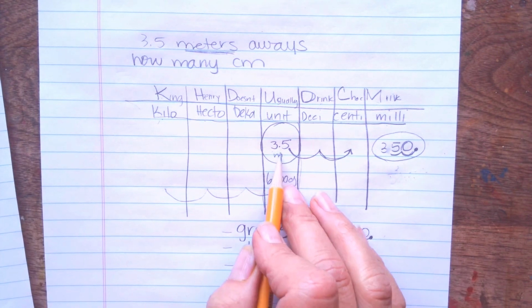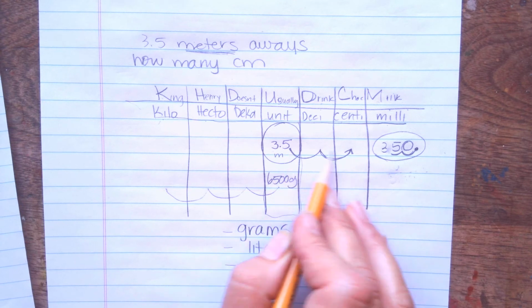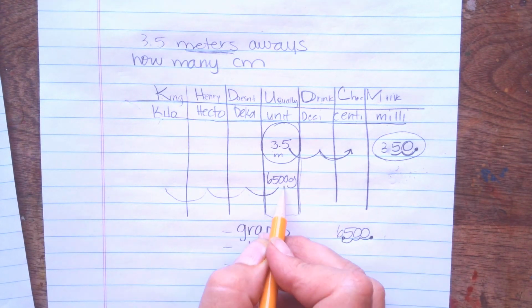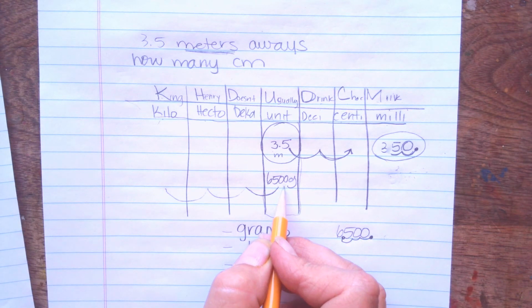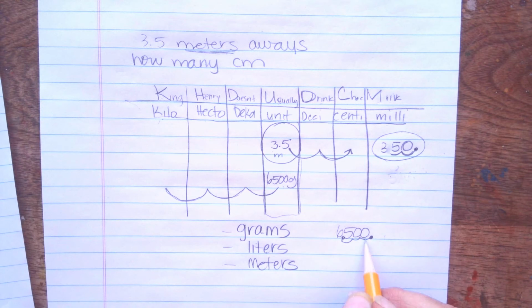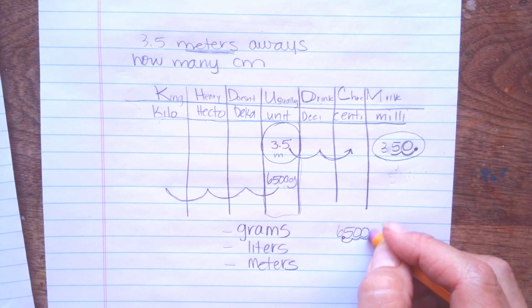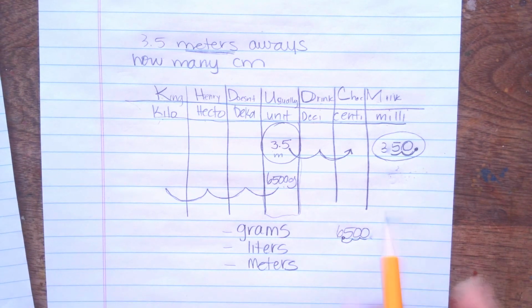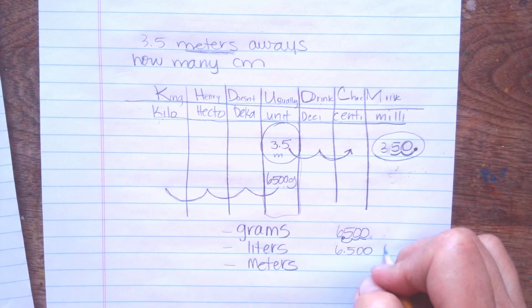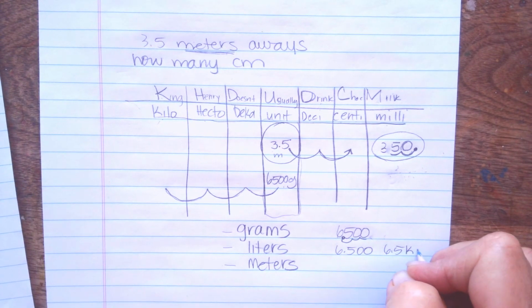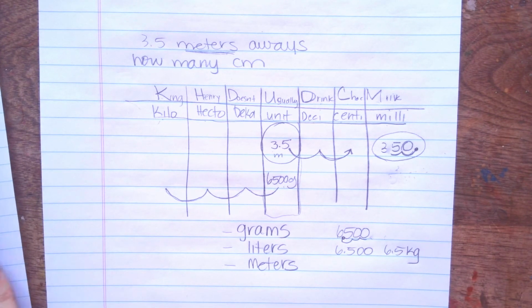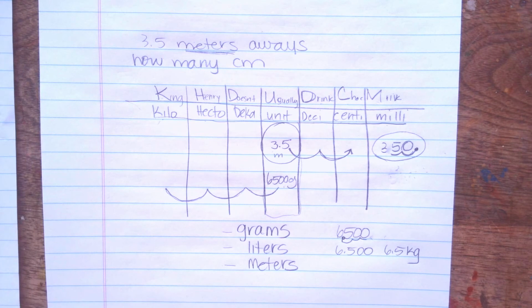For the last one, we went the other way because the jump was that way. But this one, we're going from a small unit to a big unit. So we jumped 3 this way. We erase this, and our answer is 6.500, or just 6.5 kilograms. So that was page 24, number 11.